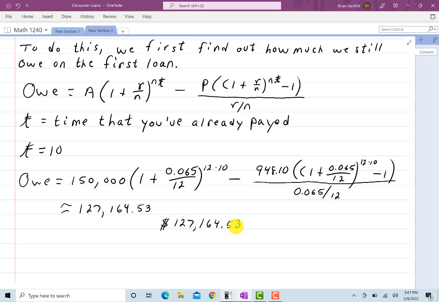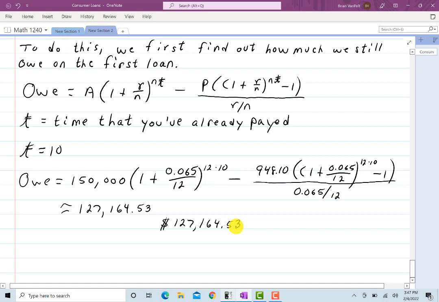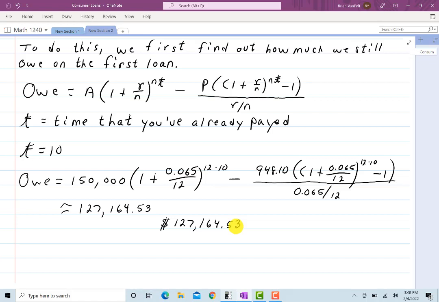So the way this works now is you get a new interest rate and you're going to get a loan for exactly that amount. Now, it's not true that you have to get it for exactly that amount. The bank will probably give you $130,000, or they may give you $120,000, whatever. And then you have a few extra, a hundred or a few thousand extra to do something with.